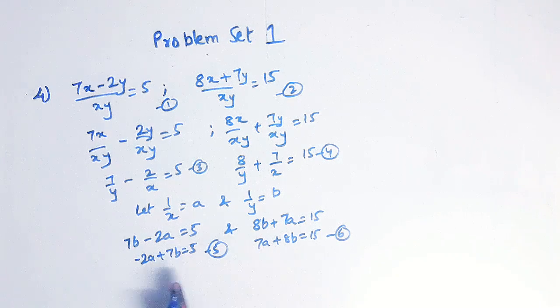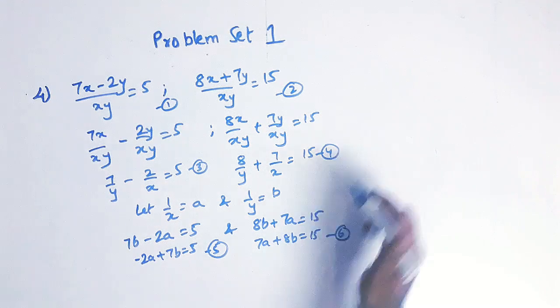Now you can easily cancel a and b by equating coefficients. This is 2a, this is 7a, we cannot; this is 7b, this is 8b, here LCM will be much more. So what we will do, we will make the changes in a. This I can make 14 and this I can make 14, multiplying equation 5 by 7 and 6 by 2.